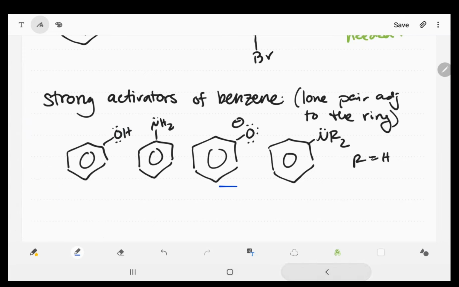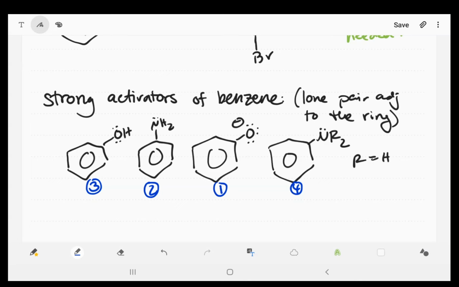Well, technically this one's probably the strongest because it's negatively charged already. But going on, it's probably somewhere around this order of things. So I'm not going to really worry about you making distinctions between the strong activators themselves.